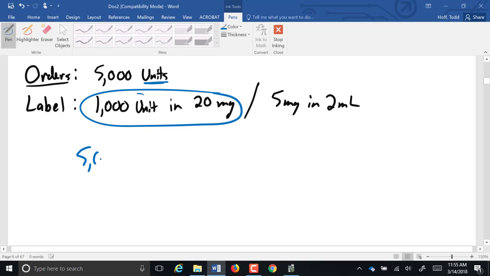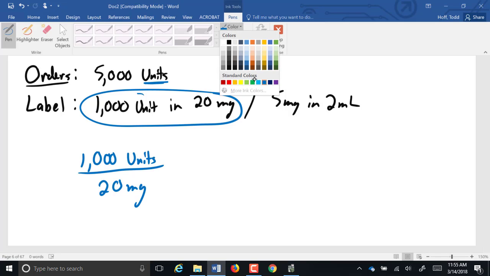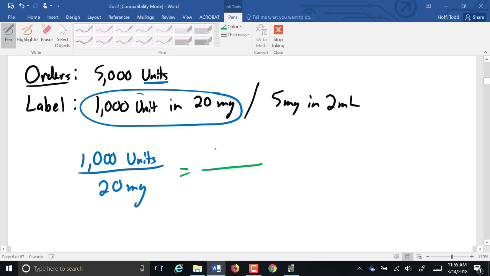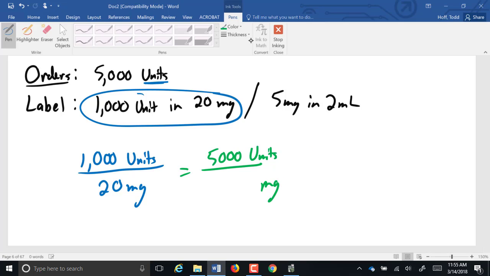So we have 5,000 units. Sorry, I got 1,000 units is off my label in 20 milligrams. So that's my labeled rate. And I'm going to use that with my doctor's orders of 5,000 units. And what I'm going to end up with down here is milligrams.